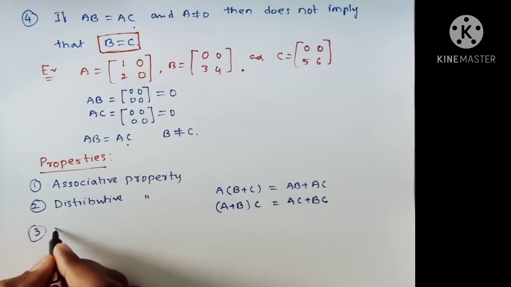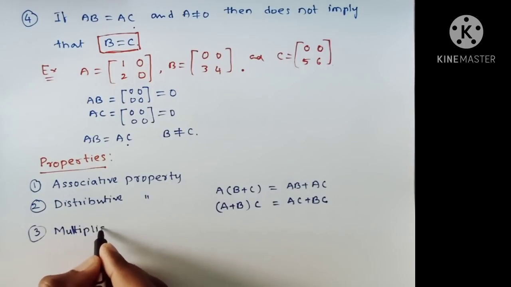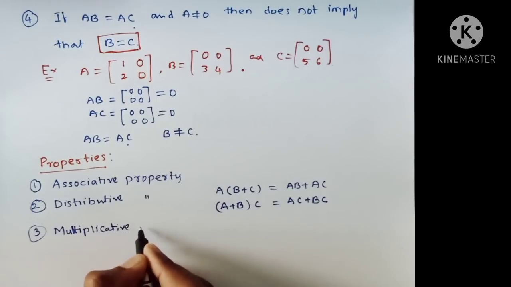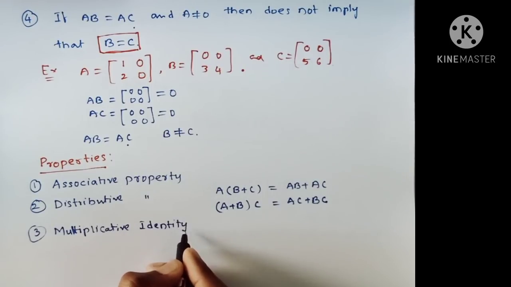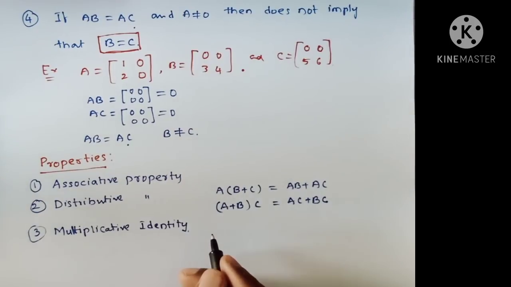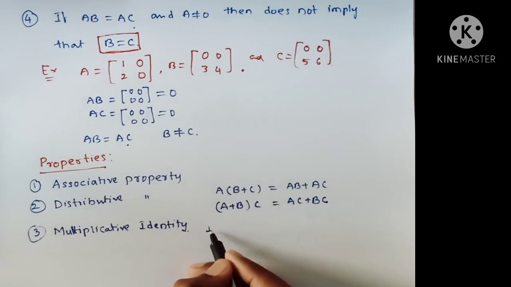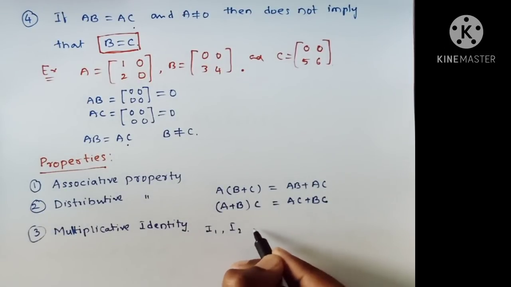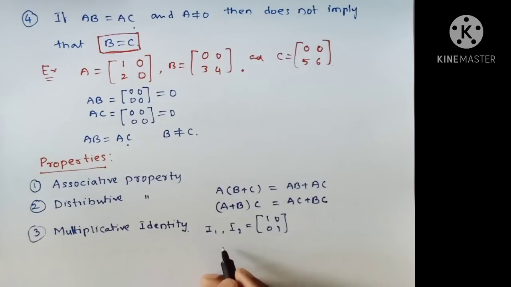Number 3, multiplicative identity. You all know the identity with respect to multiplication. They are like I1, I2, I3 and so on. For example, I2 is 1 0 0 1.